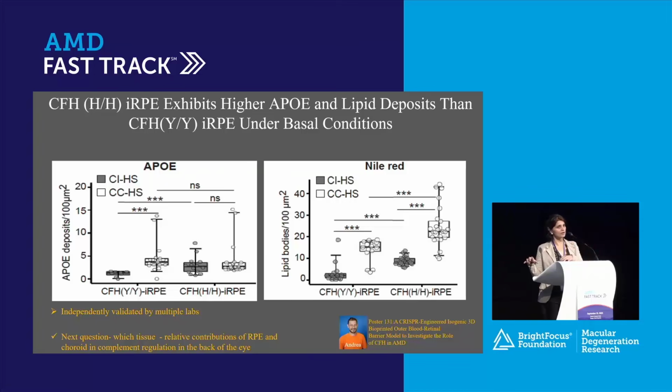We have a CFH knockout line. So if you make different combinations, you can actually study which cell type has more of a role in AMD pathogenesis. You can hear more about this from Andrea Barabino's poster on Tuesday, and thanks to BrightFocus Foundation for giving a travel grant for him to present his work.